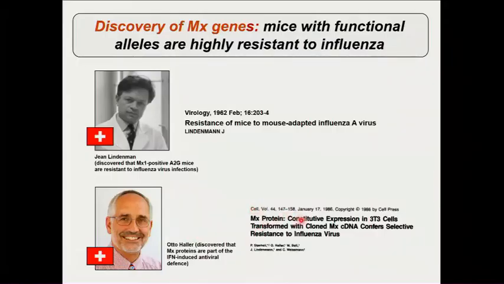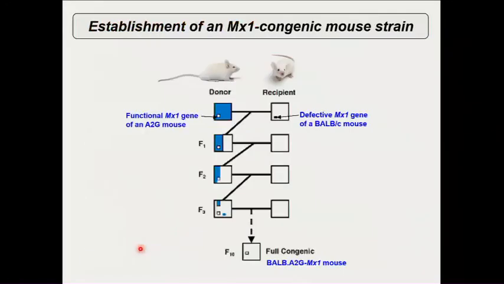He showed that if you just take the gene for an MX protein and transfer it to cells that don't have it, then you confer resistance. That even made it to the front cover of the journal Cell, and back in the day, that was basically your professor showed. I got a little bit involved because this guy was my PhD supervisor, and I actually handled these mice, and you will see photos of mice that I took.